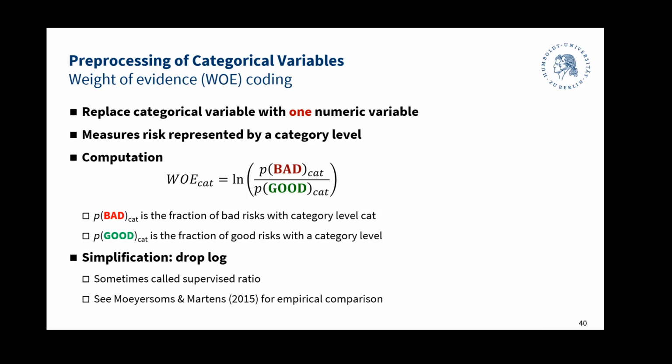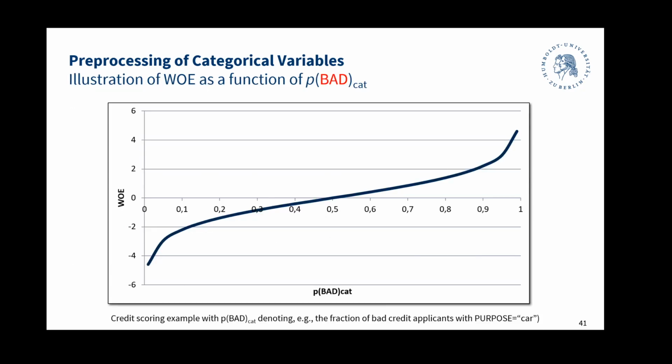Well, just about this log transformation, if you think about this approach, I'm plotting the weight of evidence as a function here of the frequency of bad customers in some category level. So just to make that a bit more intuitive, we could have e.g. purpose, you know my example, credit purpose equal to car.